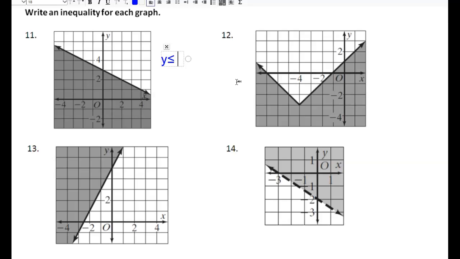It's going through the point 3, so that's my y-intercept. And then my slope is negative. It's going down 1 and over 2. So my slope would be a negative 1/2 x plus 3.